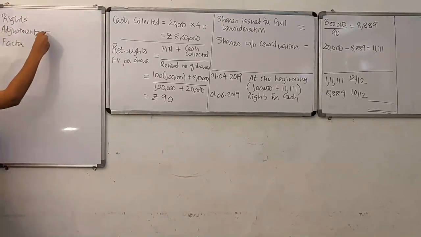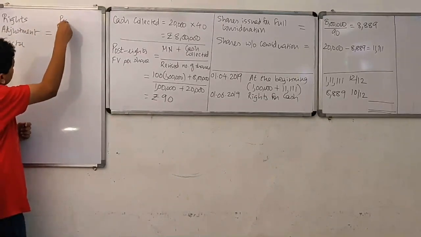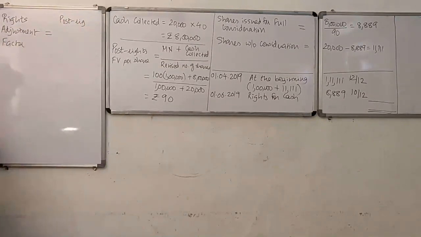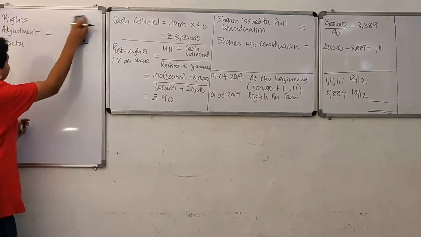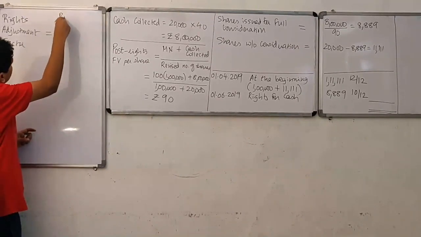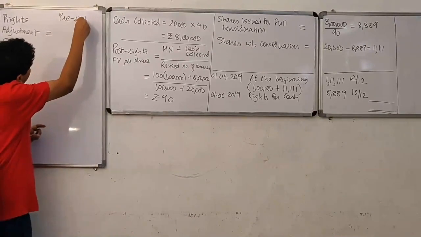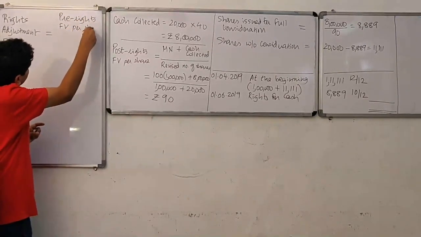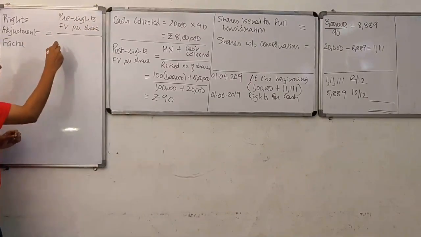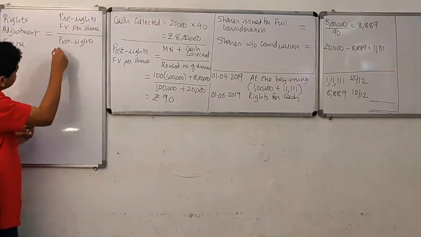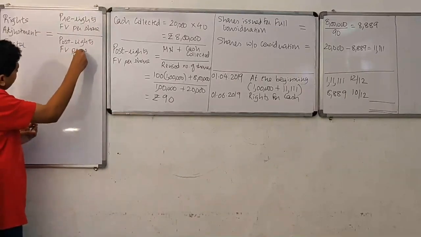This rights adjustment factor is something in this way. We will say here pre-rights fair value per share, which I will divide by post-rights fair value per share.